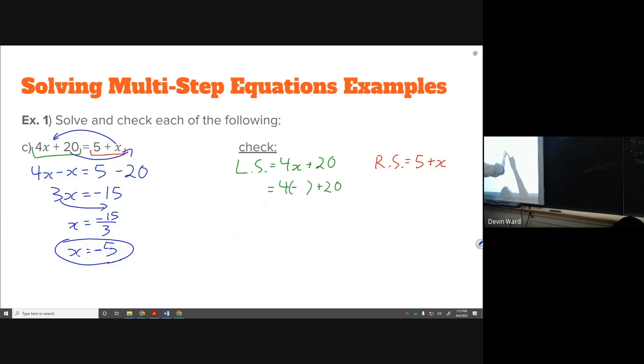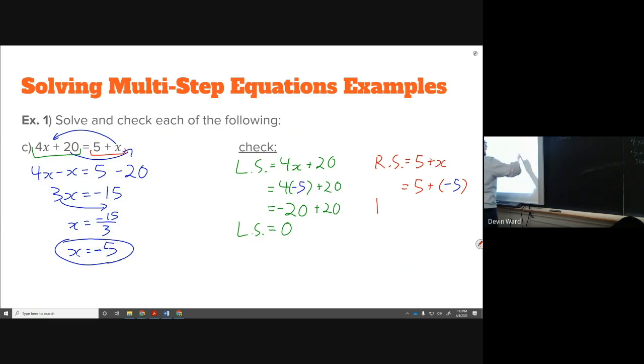Okay? So my left side is 4, and we said x is negative 5, so I have 4 times negative 5 plus 20. And my right side will be 5 plus negative 5. Okay, so 4 times negative 5, positive times a negative will always be negative. 4 times 5 is 20, plus 20. So my left side will be negative 20 plus 20, which is 0.